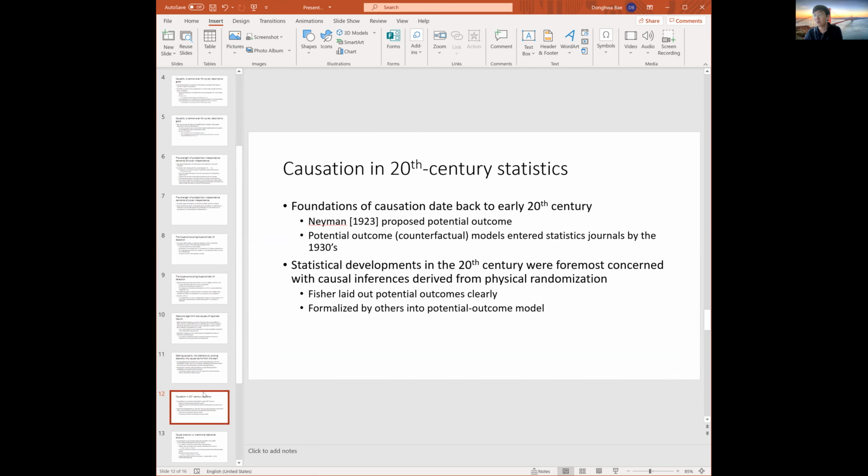Neyman's 1923 paper proposed the concept of potential outcomes. That part is usually unnoticed. However, potential outcome models entered the statistics journals from the 1930s as well.